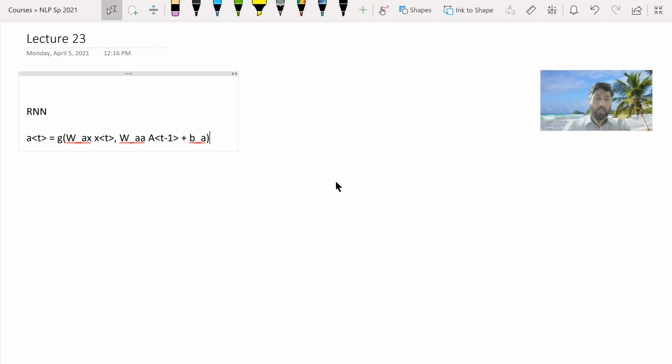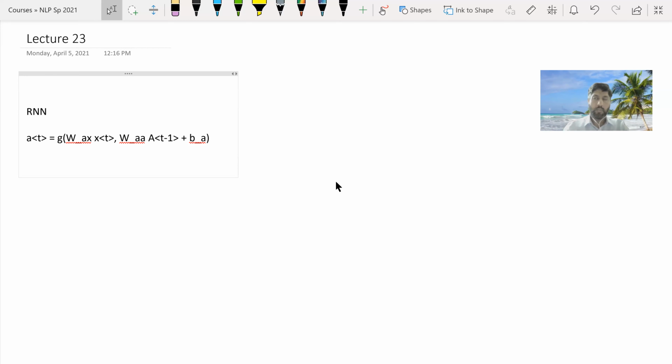And as such, theoretically, a standard recurrent neural network can capture a lot of memory from the start of the sequence. But in practice, of course, there are some issues which we will address through the two models that we are going to discuss today.